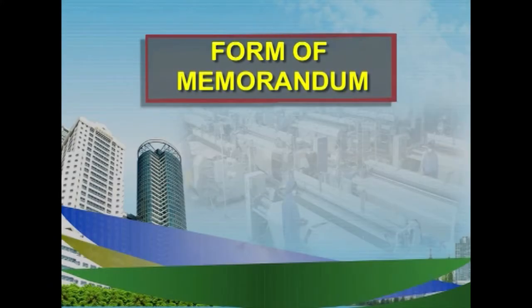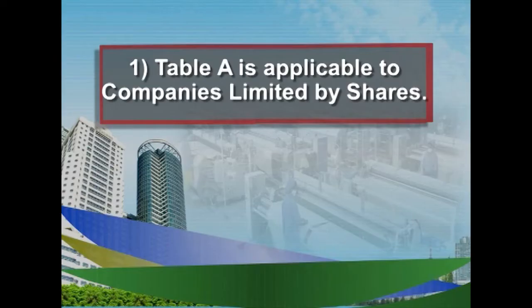Form of memorandum. The Act prescribes forms of memorandum and they are set out in Tables A, B, C, D and E in Schedule 1 as follows. Table A is applicable to companies limited by shares.